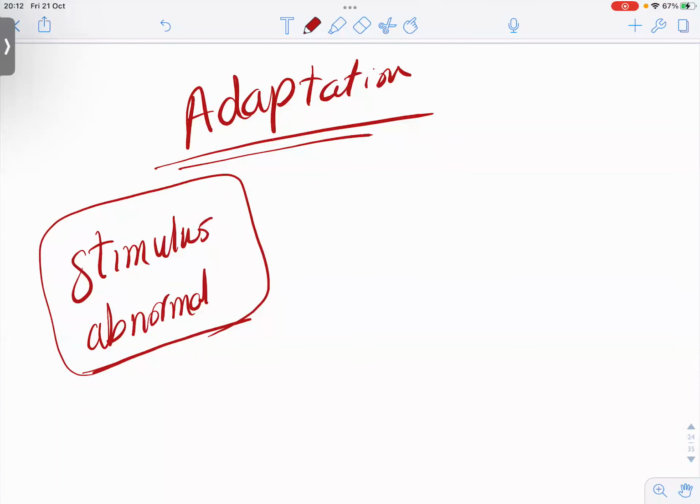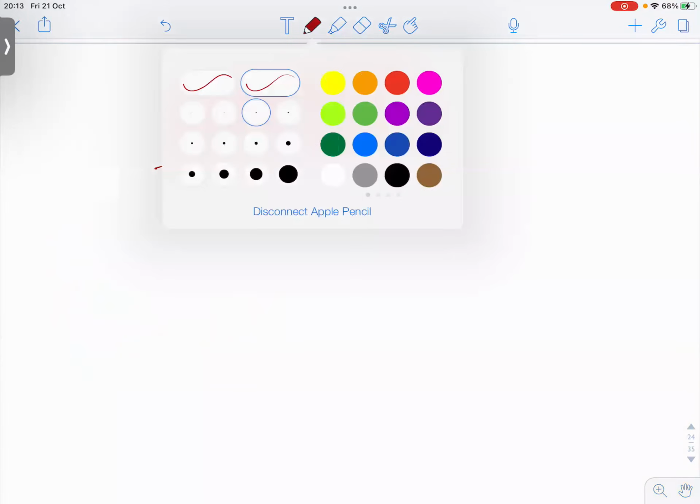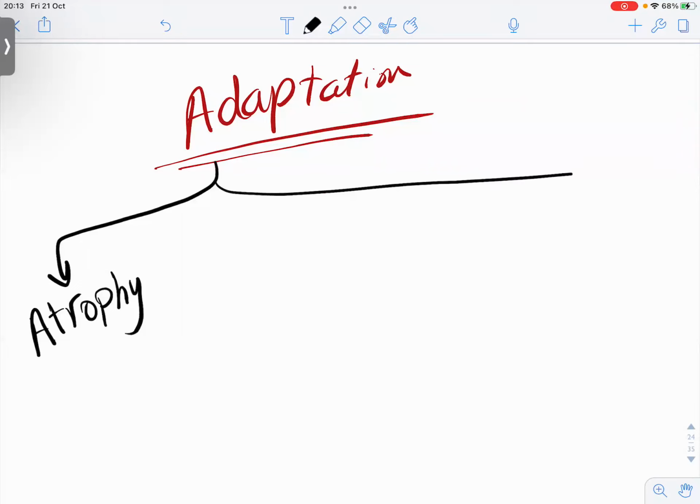We have 4 features of adaptation. First one, it's called atrophy. And don't worry, we will explain everything. Second, hypertrophy.